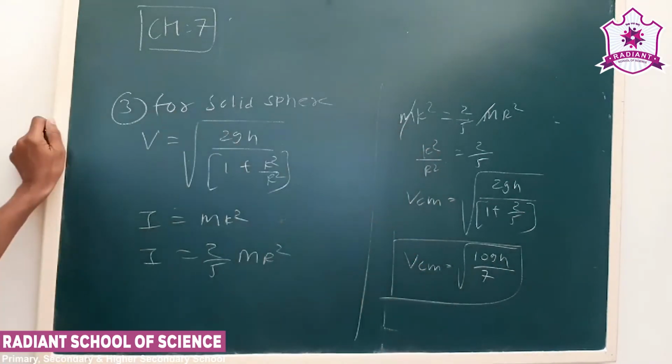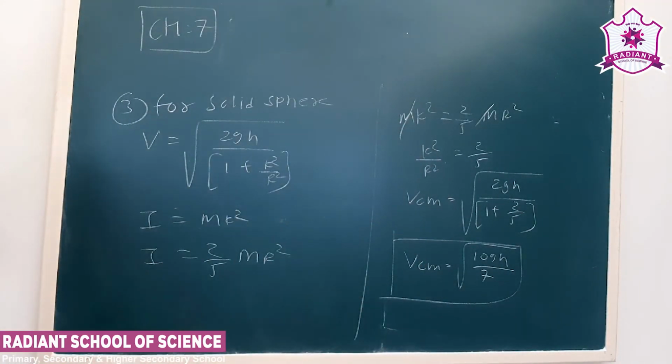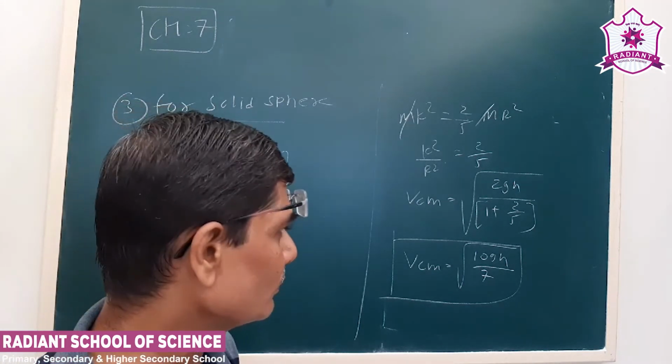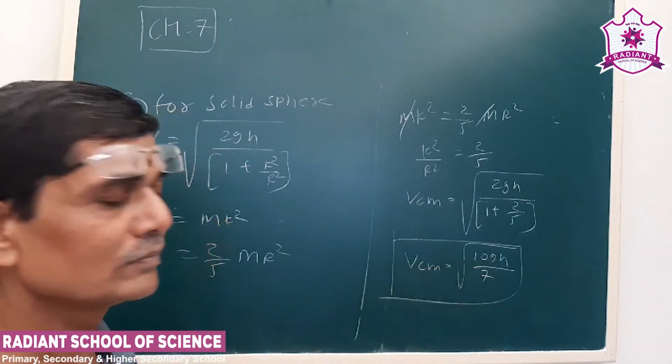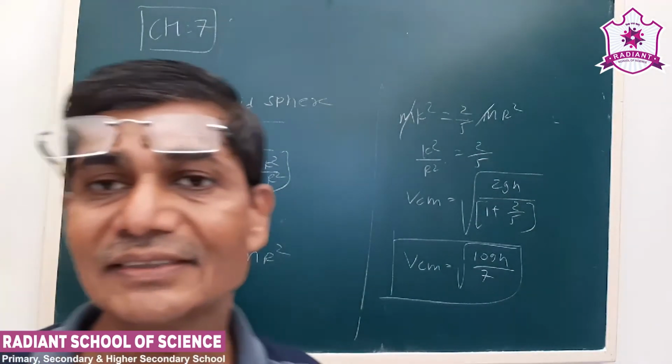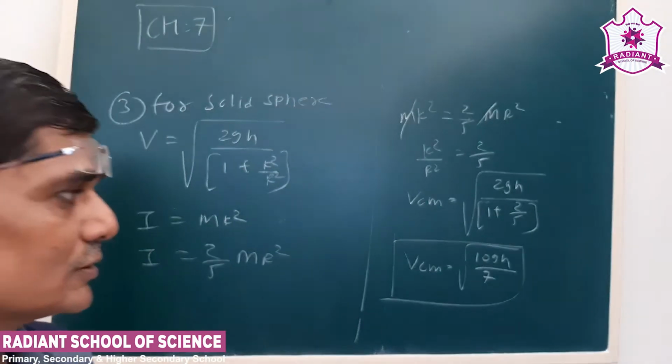So this is how we can obtain the velocity of the center of mass of a solid cylinder at the bottom of the slope, which is under root 10 GH by 7. This is for the rigid body rolling without sliding.